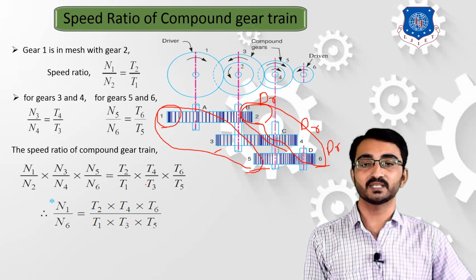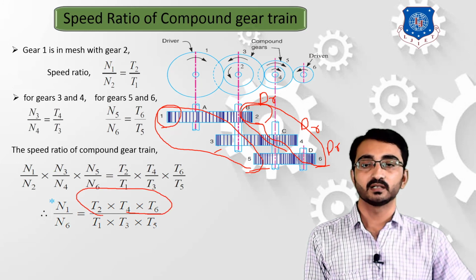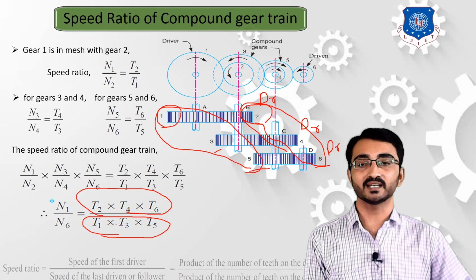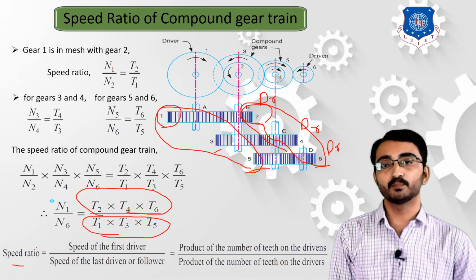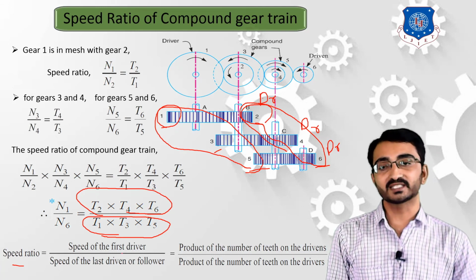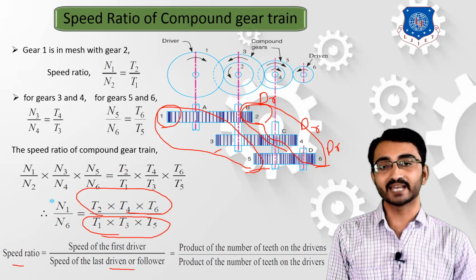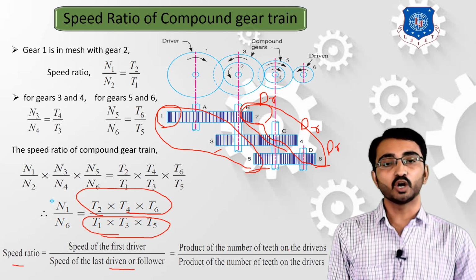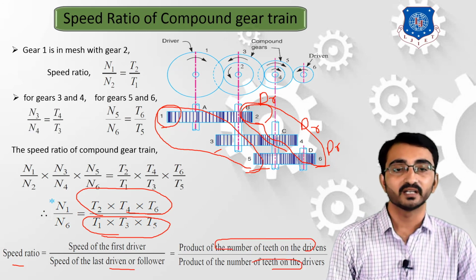So we can simplify that the number of teeth on driven gear upon number of teeth on driver gear. That is a simple relation that we can obtain, that speed ratio for compound gear is speed of first driver, or we can say the driver gear, to the speed of the last driven gear can be achieved by a simple product of number of teeth on driven gear to the number of teeth on driver gear.